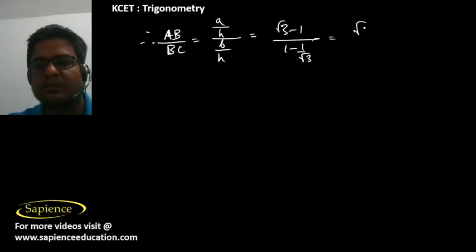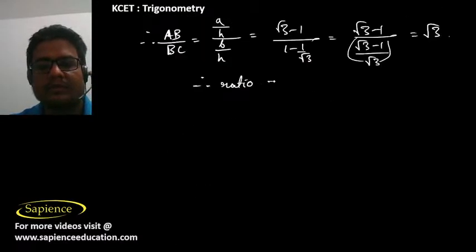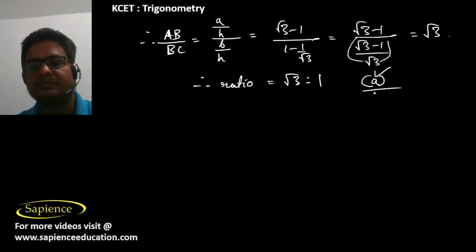So that is equal to root 3 minus 1 by root 3 minus 1 by root 3 if you take the LCM, so this will be root 3. Therefore the required ratio is root 3 is to 1. So option A is the correct answer.